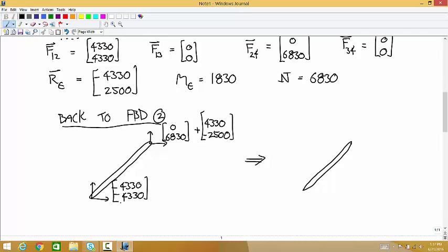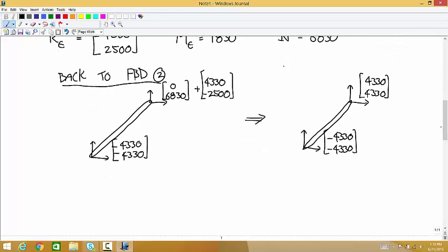Okay, so add these up. At joint B, you have 4330. Subtract this and you get 4330. Down here you get the negatives. This is at an angle of 45 degrees, and if you do the trigonometry, this does exactly what we think it should do.